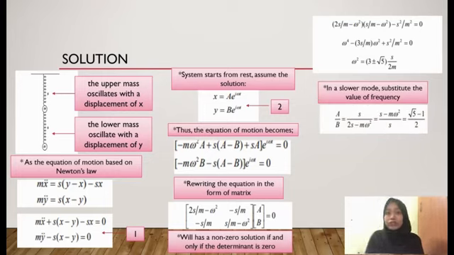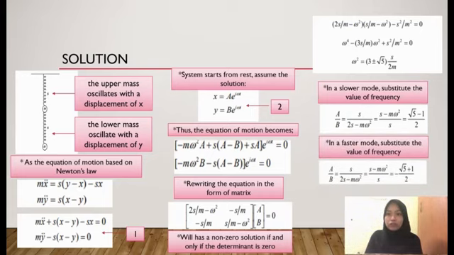In the slower mode, we can take the positive value. So we can substitute the value in the previous matrix form and we will get the square root of 5 minus 1 over 2, which is the ratio of the amplitude of the upper mass to that of the lower mass. Similarly, in the faster mode, we can take the negative value and substitute it in the matrix form.